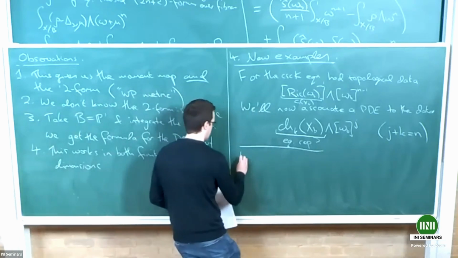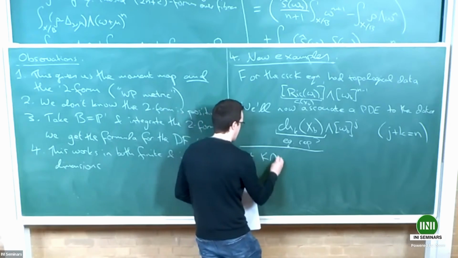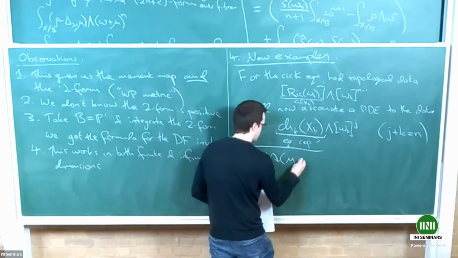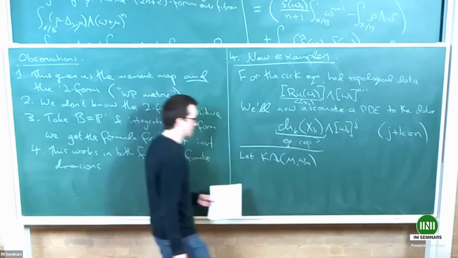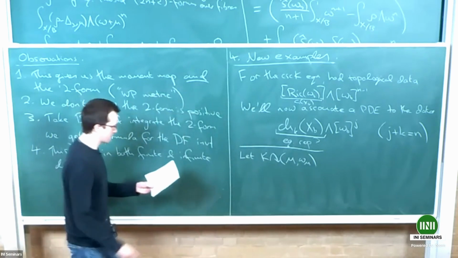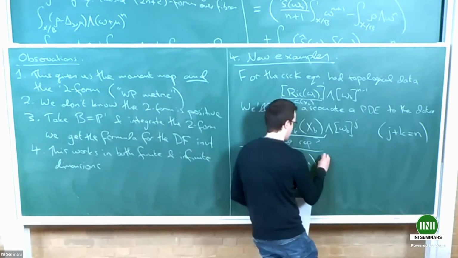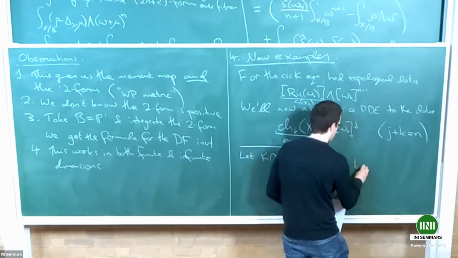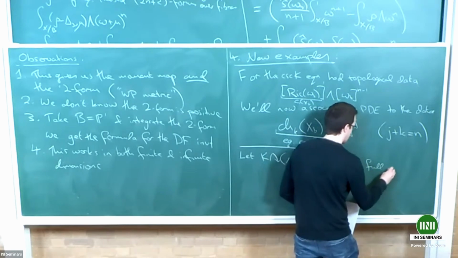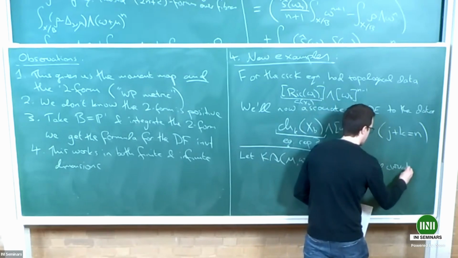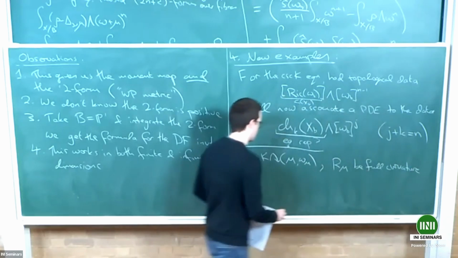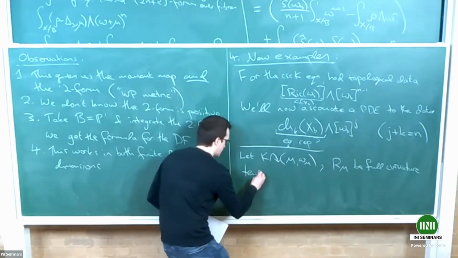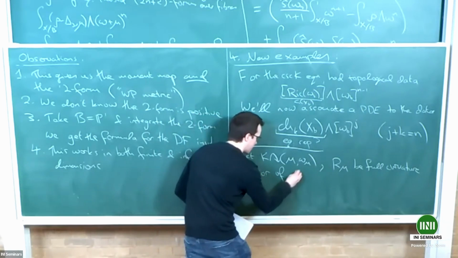Let K act on our manifold (M, omega_M). And I want Rm to be the full curvature tensor of (M, omega).